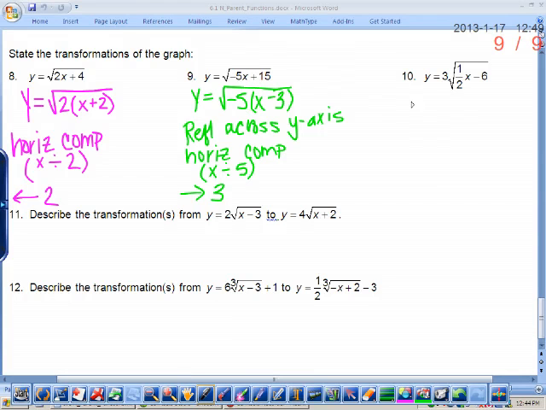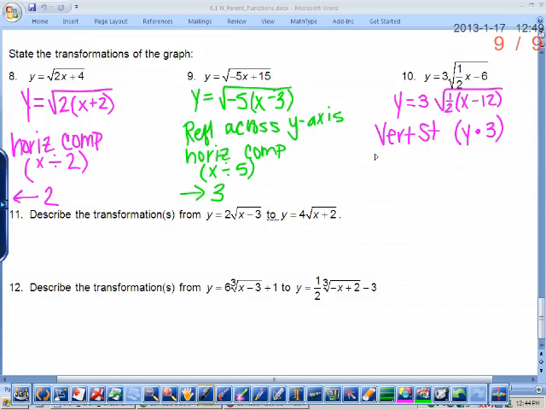Okay. All right, so I'm going to rewrite this as y equals 3 times the square root. What do I pull out? 1/2 times x minus 12. Okay, so the 3 does what? Vertical stretch. And we do what? Yeah, multiply your y values by 3.